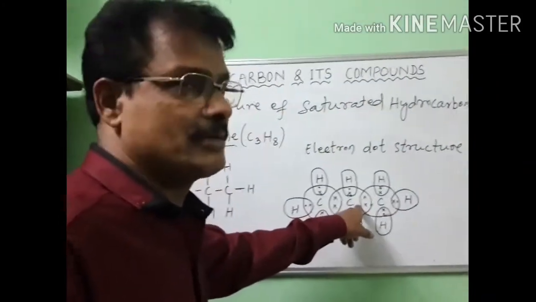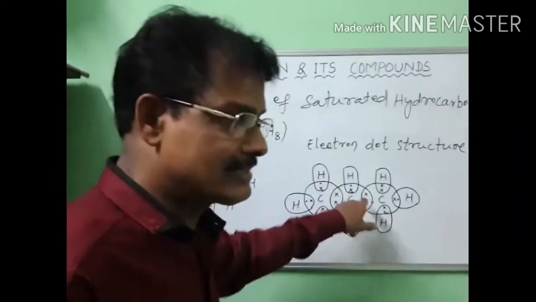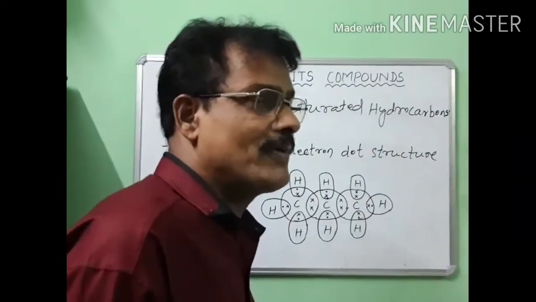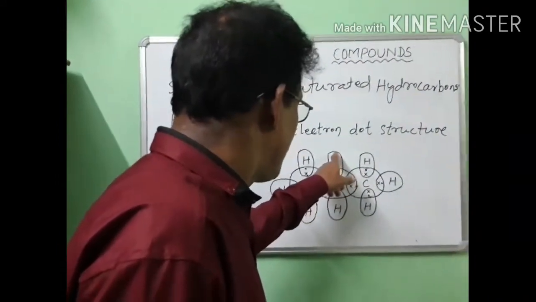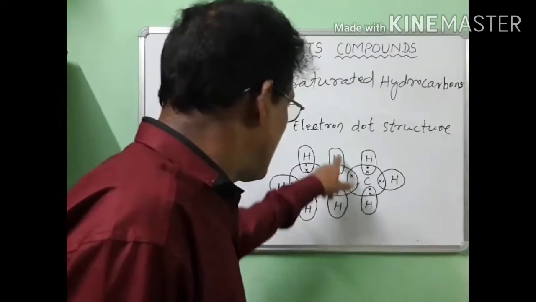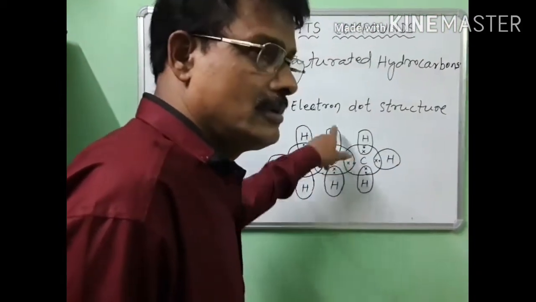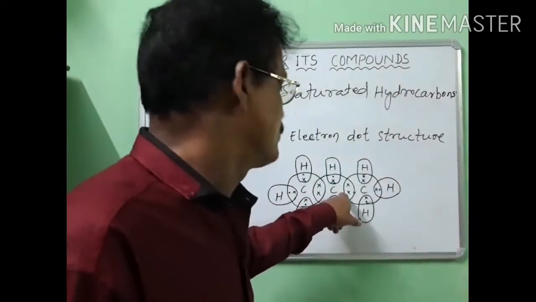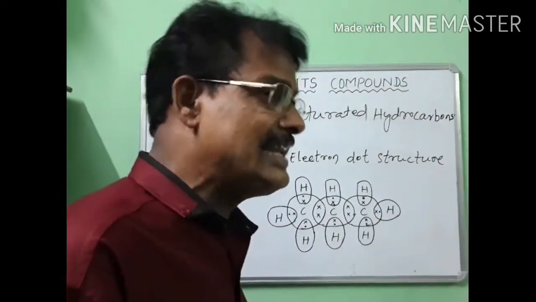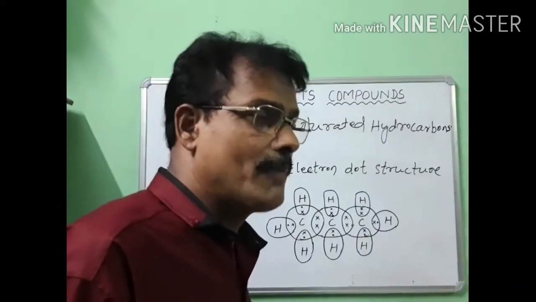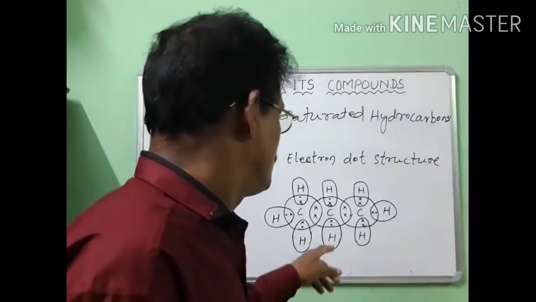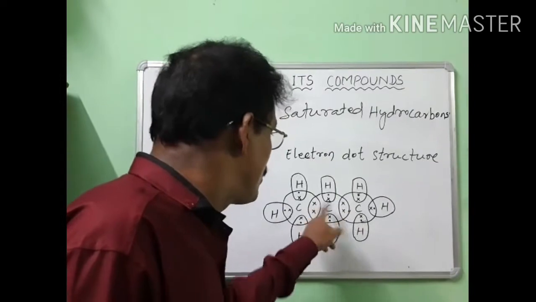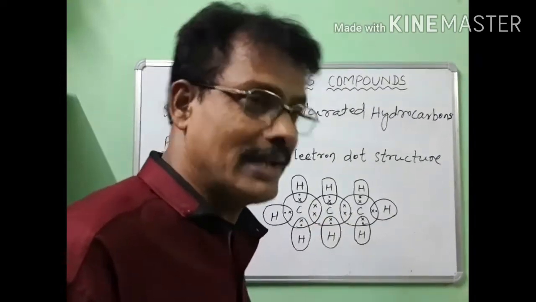The second carbon atom shares a single pair of electrons with two hydrogen atoms, and also with the other two carbon atoms individually.